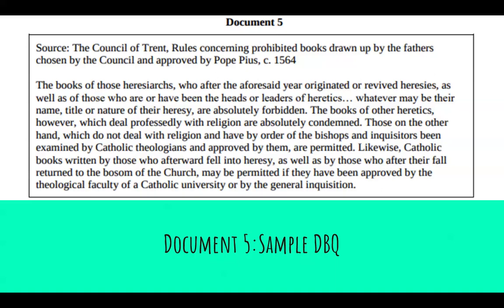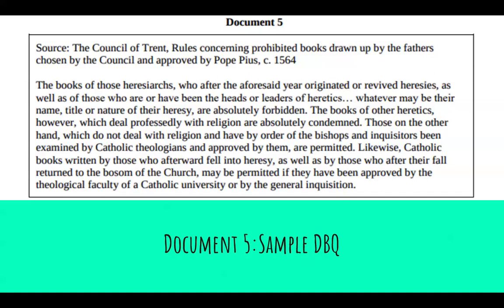The books of those heresiarchs who, after the aforesaid year, originated or revived heresies, as well as of those who have been the heads or leaders of heretics, whatever may be their name, title, or nature of their heresy, are absolutely forbidden. The books of other heretics, however, which deal professedly with religion, are absolutely condemned.